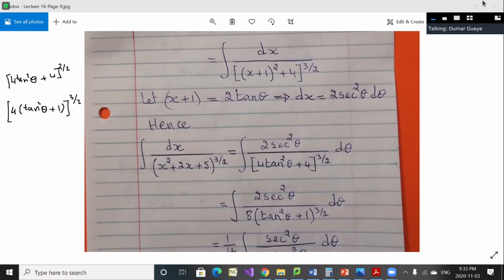And here I'm going to split it into exponents: 4 to the power 3 by 2 times tan square theta plus 1 to the power 3 by 2.